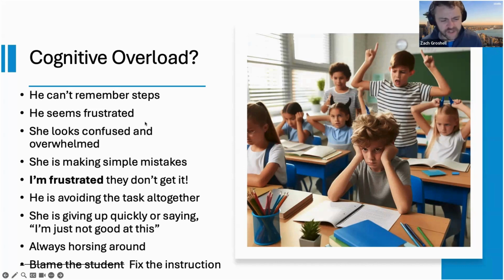One of the things we could do is just blame children for not understanding things, but a much more productive and humane way would be to fix the instruction, to make sure that if they're not getting it, that means I didn't teach it right.